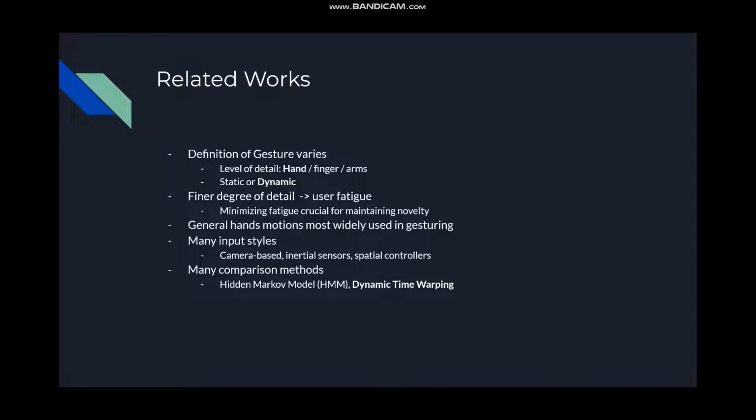There were also many input styles touched on by the literature, so camera-based sensors, inertial sensors like what's inside a Wii remote, and spatial controllers such as the Oculus Quest controllers were used, and there were also many comparison methods. The first one was the Hidden Markov model, or the HMM, and that's a statistical model that is highly accurate, as well as great for large data sets.